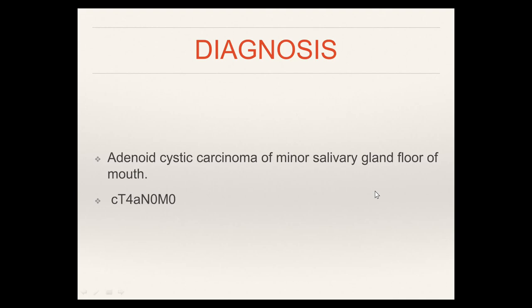How will you follow up this patient? Ma'am, as per the guidelines, we can have imaging after 3 months, then at 6 months, 2 imagings in the first 6 months, followed by imaging every year. And after 3 years, if everything is negative, then we can just follow up the patient without any imaging. I didn't understand. Monthly imaging or yearly imaging?